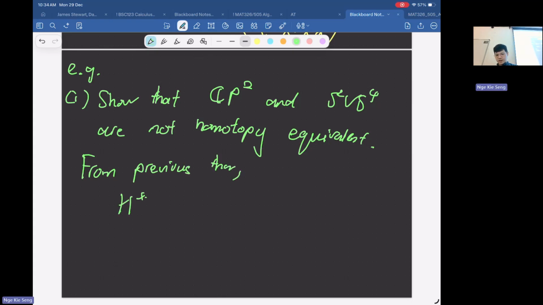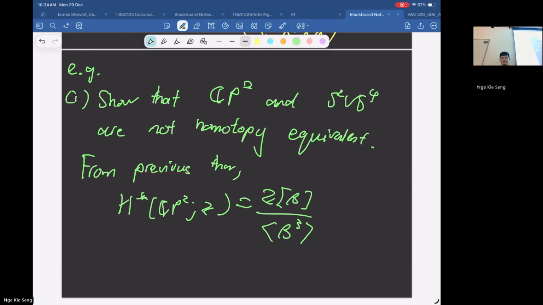We know that H star of CP2 with respect to Z is Z[beta] quotient out by beta cubed, like that. So this beta is a degree 2 element. You only have degrees 0, 2, and 4 for CP2.